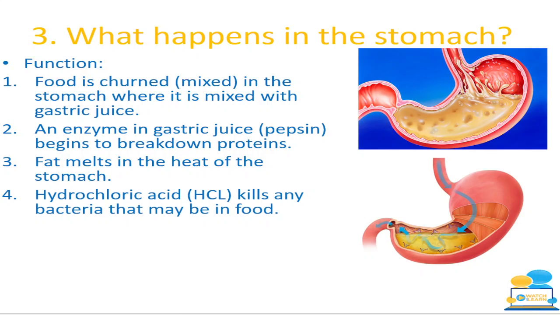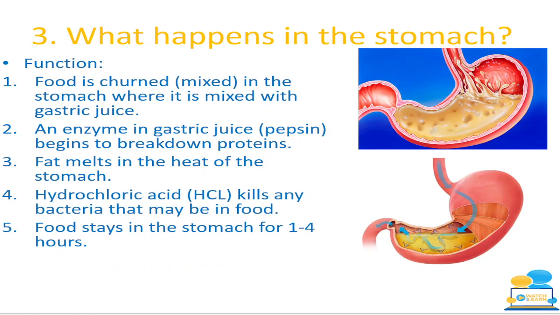So this would be a defense mechanism of the digestive system. So if you do eat food that's contaminated, it will potentially at this stage destroy any microorganisms and in particular your bacteria. So you won't be getting E. coli, so your Escherichia coli and your Salmonella and Campylobacter poisoning.